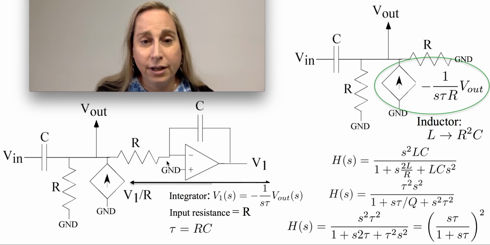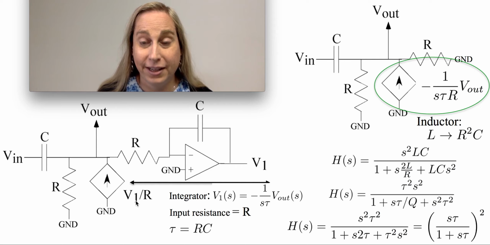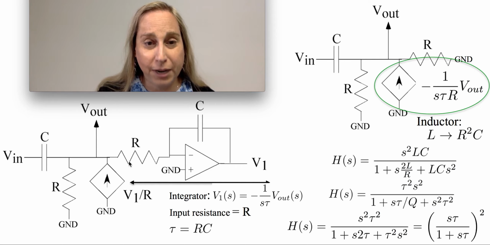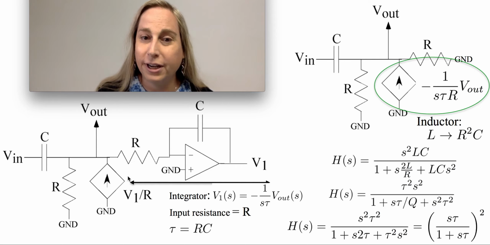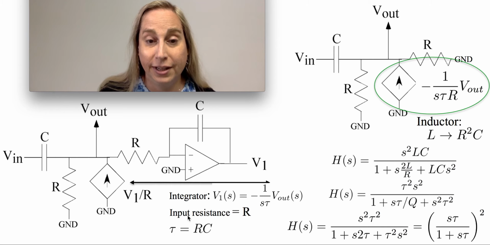I can take all of this and substitute, because I have this expression of V1 to V out. Here's V1. Here's V1. The only place I use it is in this voltage controlled current source. At first you look at this topology and think this is a really weird kind of feedback, but it's something we can start to use.